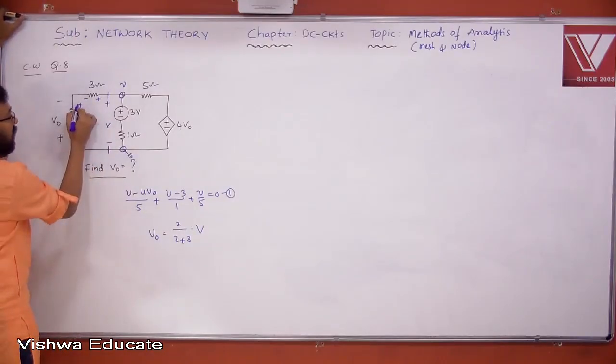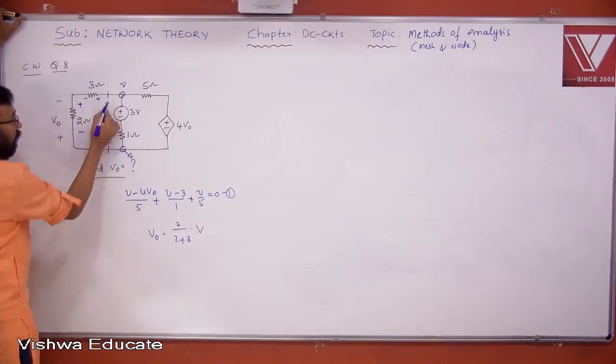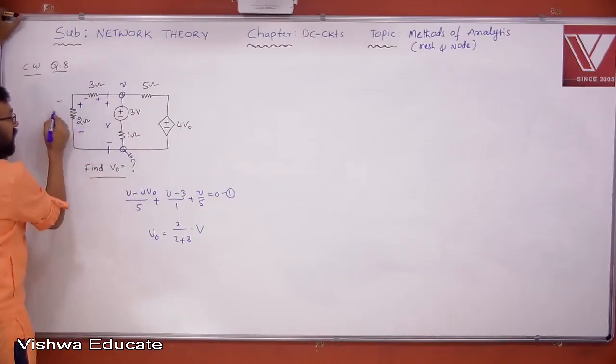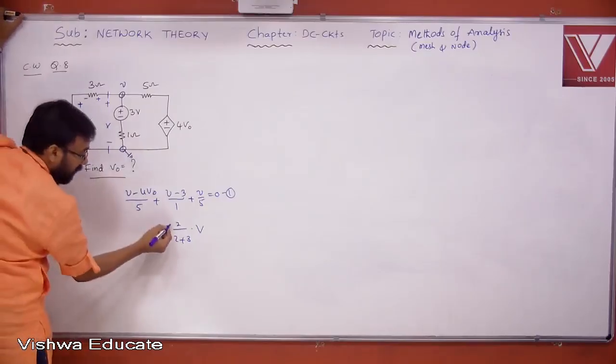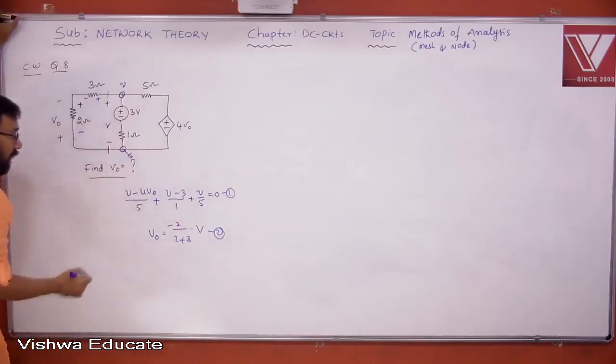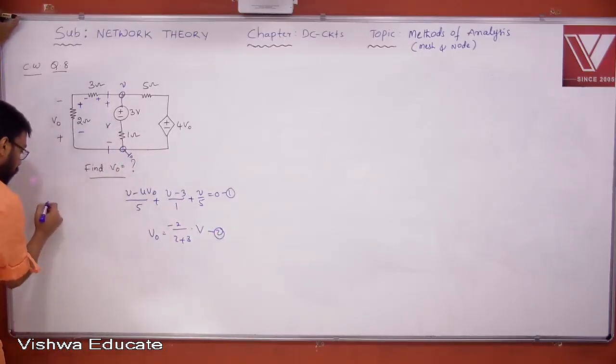Yes or no? Plus minus, then plus minus, plus minus. These are the actual polarities. But the desired polarities are minus plus. There is a mismatch. Therefore, put a minus sign before that value.